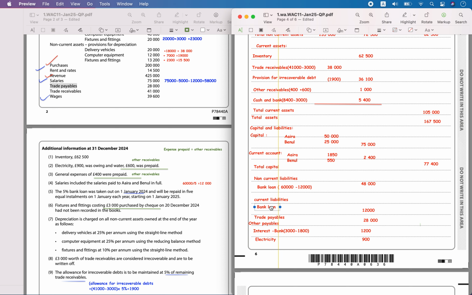So we had the bank loan which had become a current liability, then trade payables of 28,000, and other payables of 1,200 and 900.